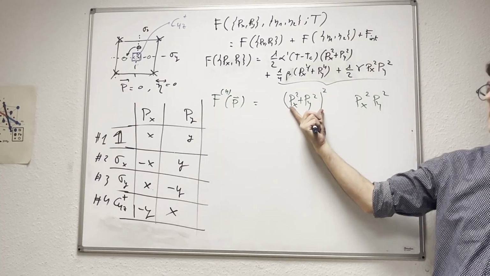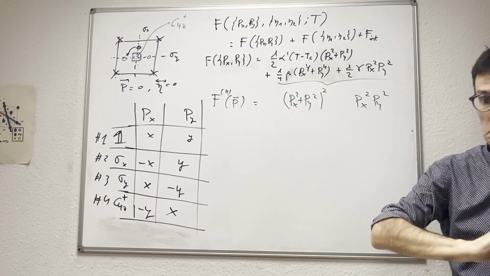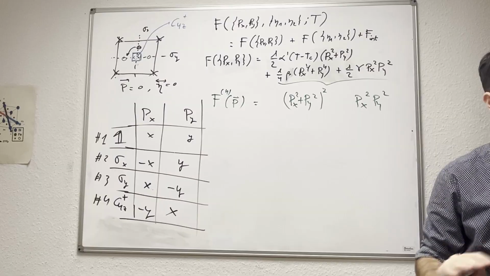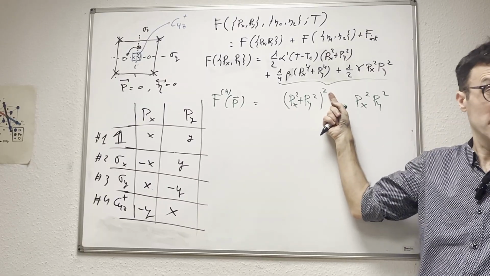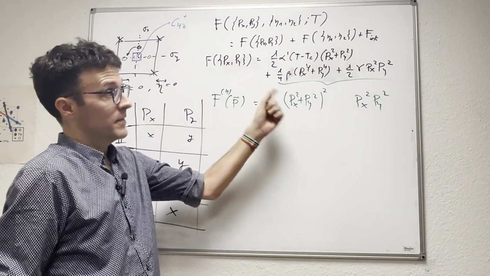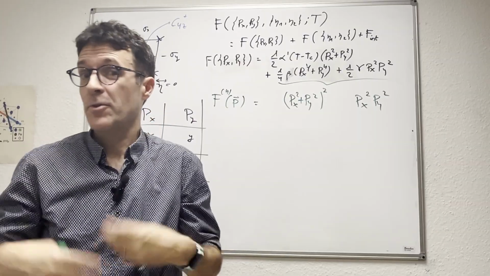This stuff has to be an invariant because we know that the sum of px squared and py squared is totally invariant by all the symmetry elements, so it doesn't change. So if this one doesn't change, if I square it, it will not change either. So that is an invariant. So if what is in the parentheses is invariant, if I square it, it's also going to be invariant.